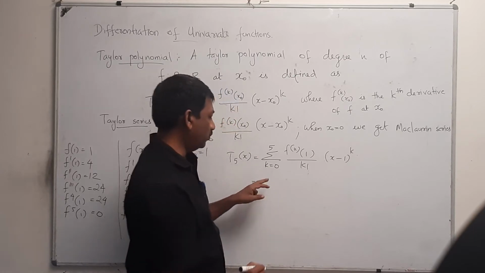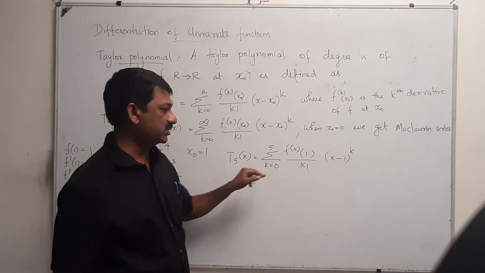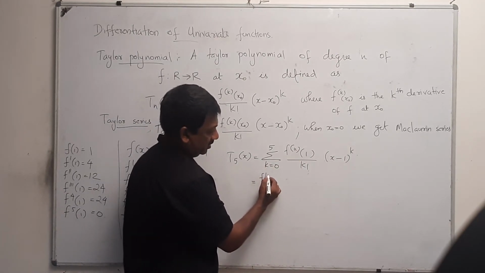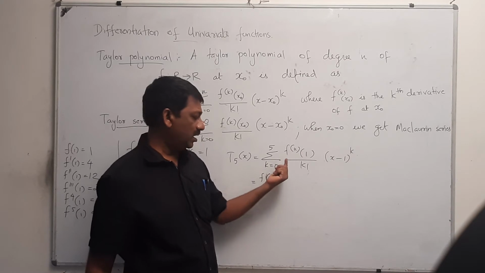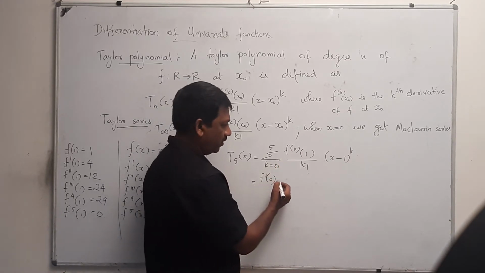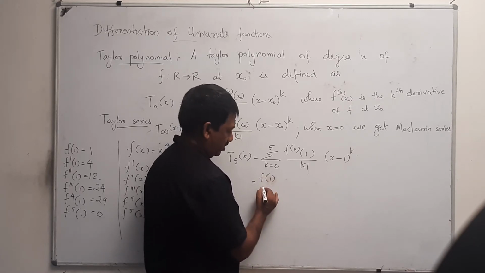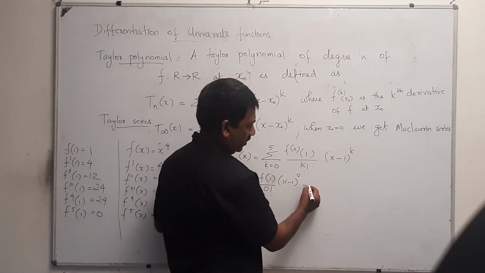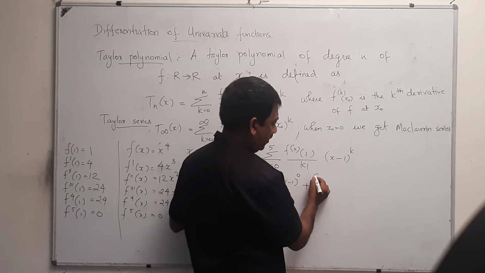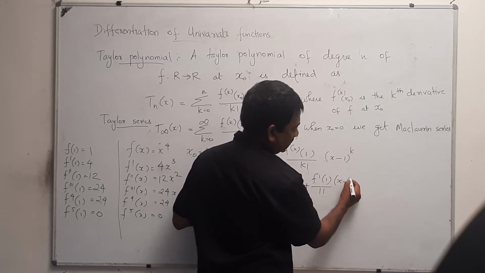If you put k equal to 0, this becomes f of 1 by 0 factorial into (x minus 1) raised to 0, plus, when k equal to 1, this is f dash of 1 by 1 factorial into (x minus 1).